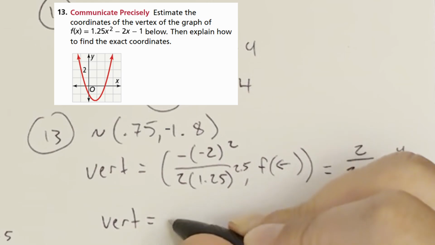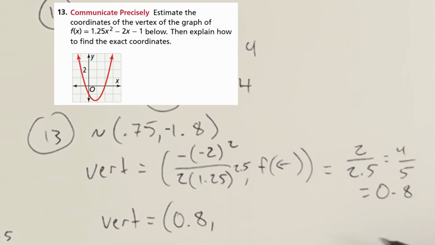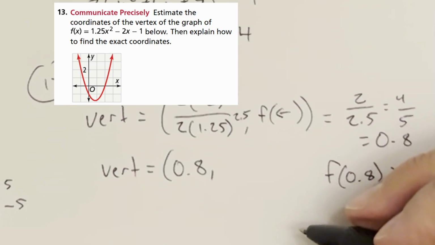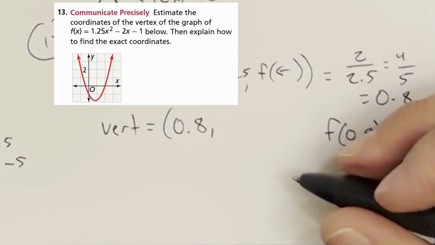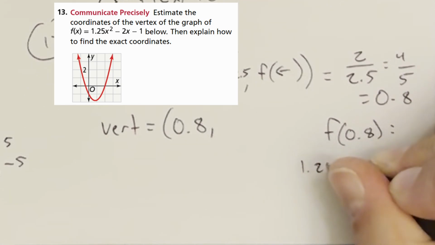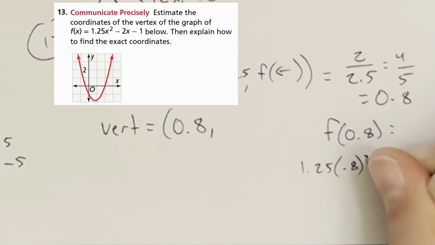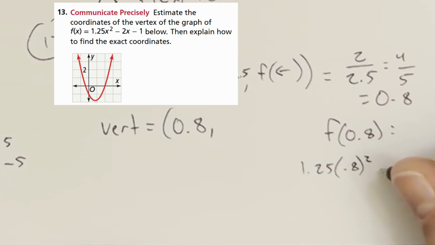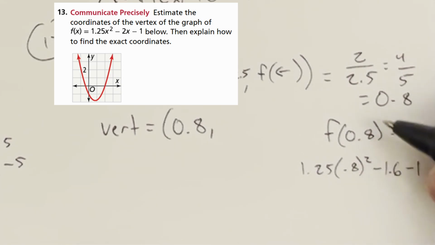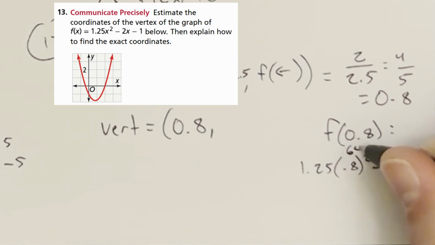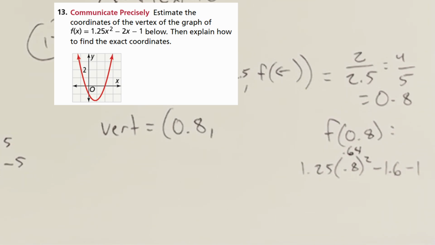Now we have to do this yucky stuff, f of 0.8. So we have 1.25 times 0.8 squared, and this is where you'll probably want to use a calculator. Then minus 2 times 0.8, it's 1.6, and then minus 1. So 0.8 squared is 0.64, because 8 squared is 64. We've got two decimal places, that makes 0.64. What is 1.25 times 0.64?